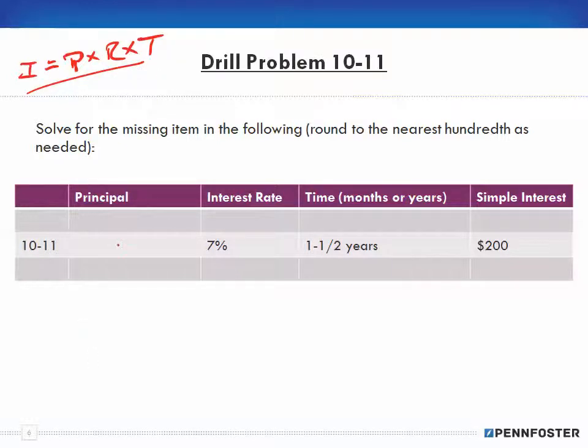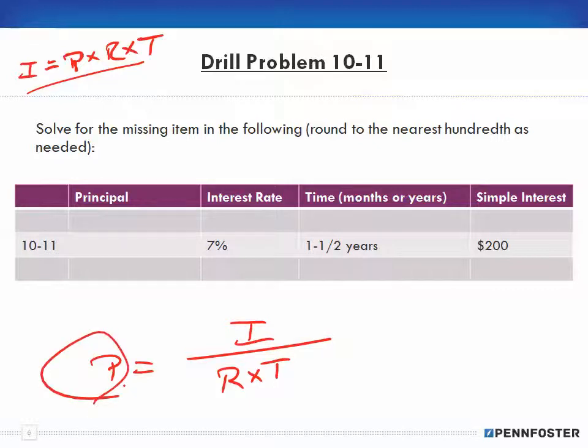In this case, we want to find the principal. To do that, we set principal equal to interest in the numerator, and then what we have left, the rate and time, in the denominator, and we multiply those two together. That's how we know the formula for principal without having to memorize it.